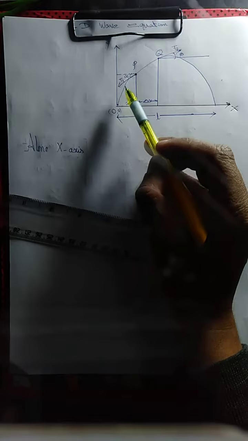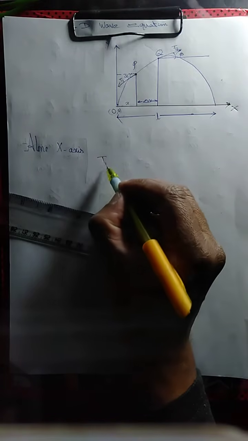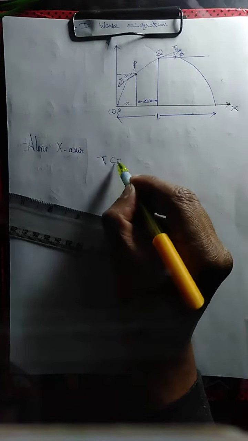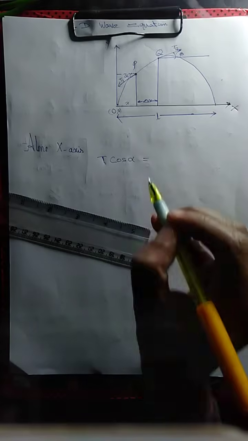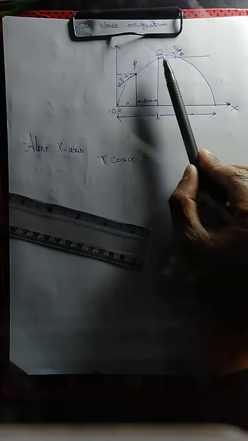If we take the horizontal components, then we have T1 cos alpha equal to, what about the horizontal component of T2?